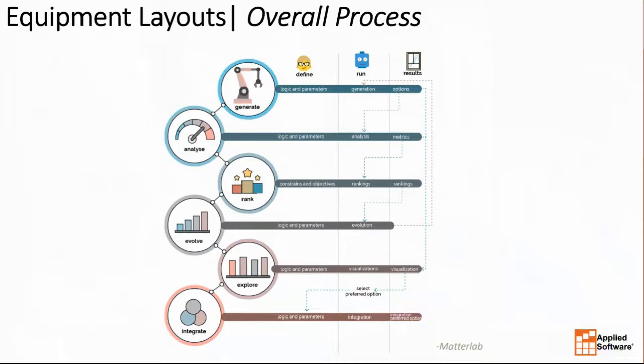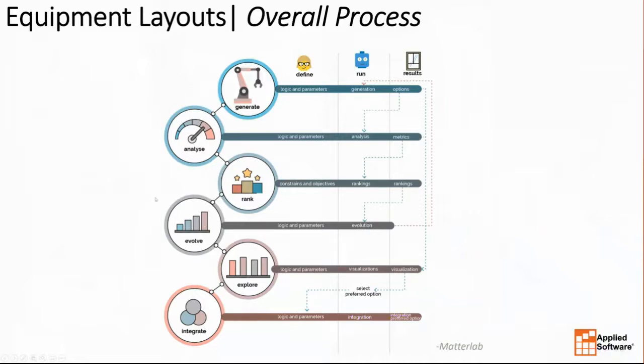So the conceptual framework for this tool was essentially that we needed to be able to generate equipment in various layouts, analyze those layouts. We would then rank the layouts, right? So I have a layout A, a layout B, and a layout C. And as we evaluate based on certain objectives, we're able to rank them. And as we rank them, we're able to iterate further and continue to evolve.